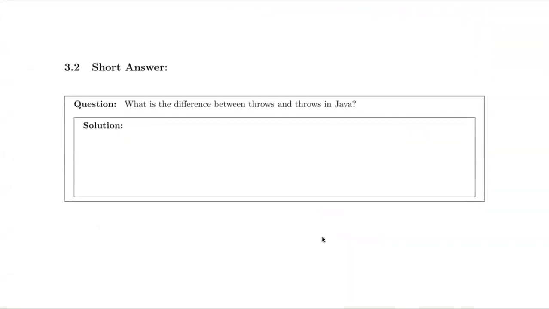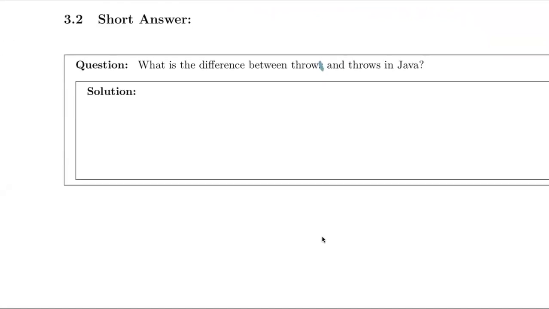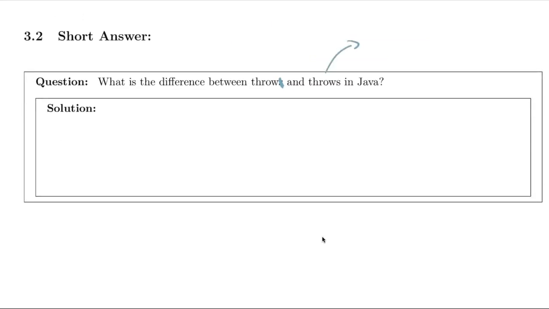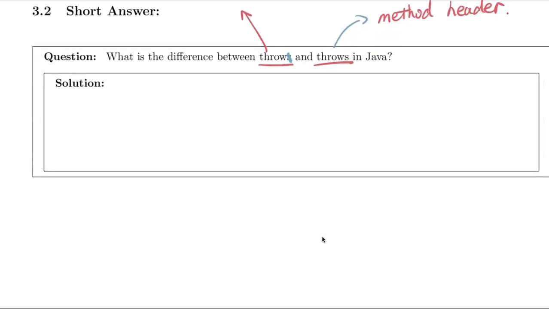So okay. What is the difference between throw and throws in Java? There are 2 different keywords, right? Throws is defined within the method header. So throws declares that a method might throw a specific kind of exception. But throw without the S is when you actually want to elicit new exceptions. I will give 2 examples here.